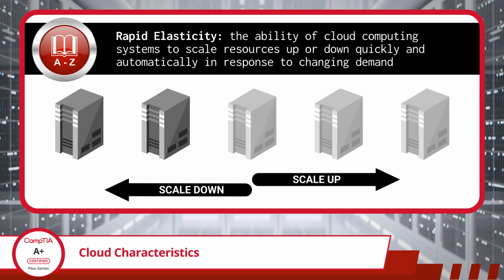For example, with an e-commerce website, more web servers can be quickly added to handle increased traffic. Overall, rapid elasticity enables cloud systems to be provisioned according to demand, allowing organizations to efficiently manage their resources and adapt to changing workload requirements without manual intervention.